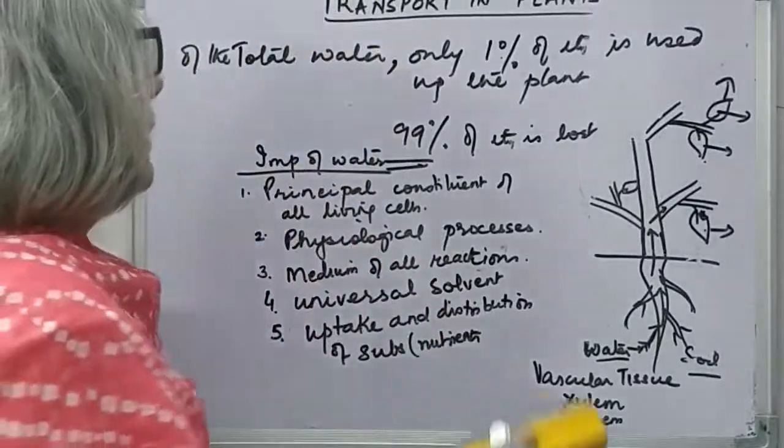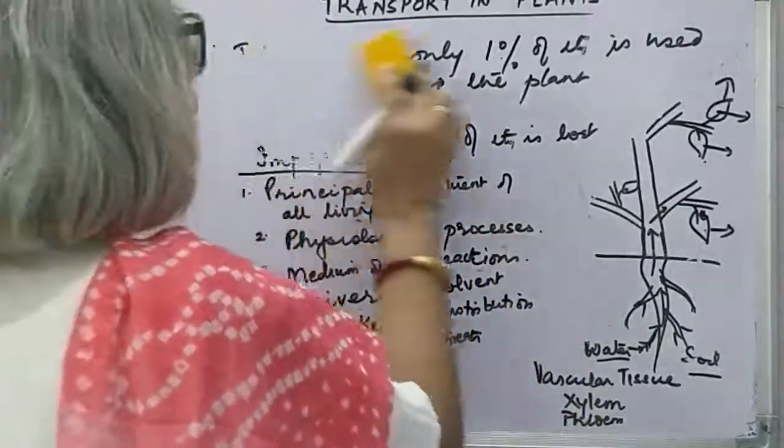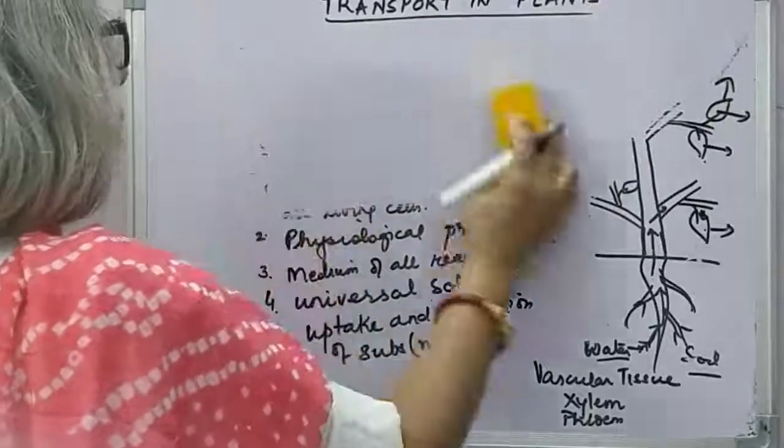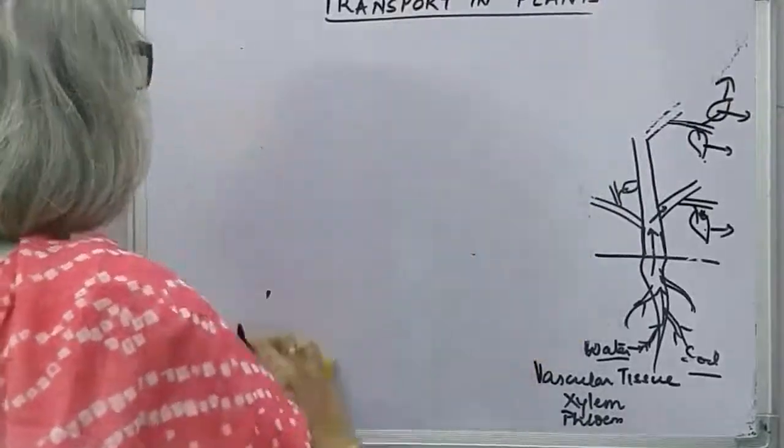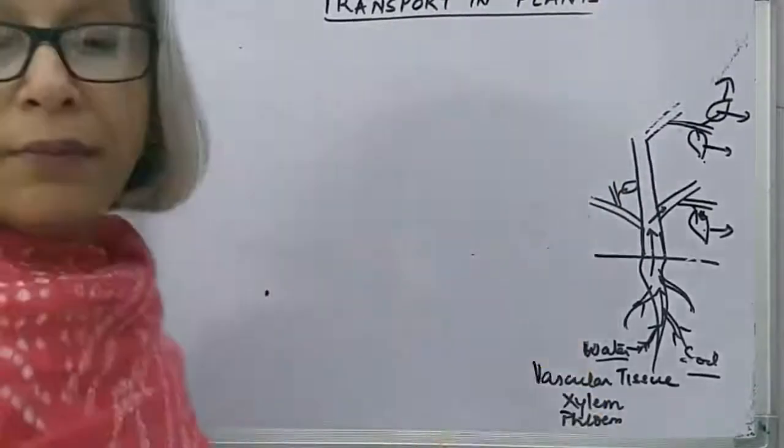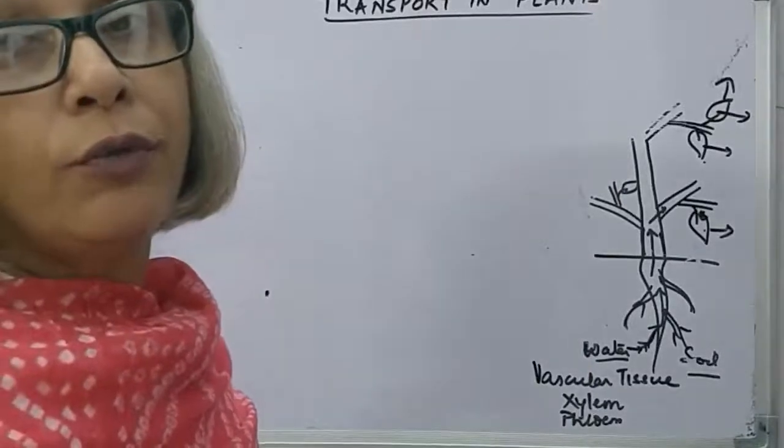And basically, how does the plant take water? There are two basic mechanisms for absorption of water.